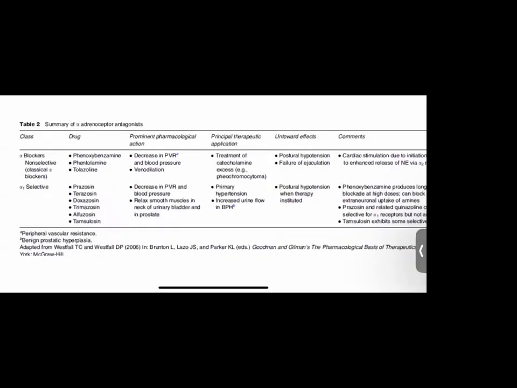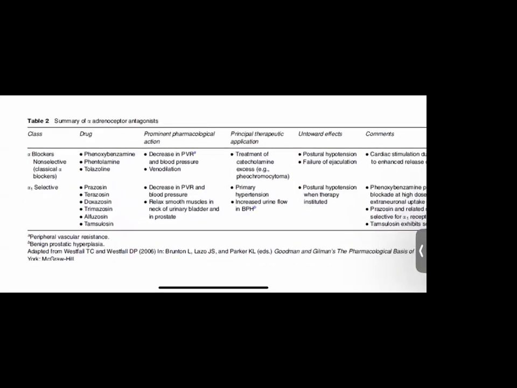This slide is very tiny, but when zoomed, we will see the action summary of these adrenergic antagonists, based on each of them, whether they are selective or non-selective, their prominent pharmacological actions, the therapeutic applications where they are used, and then the side effects and other comments.